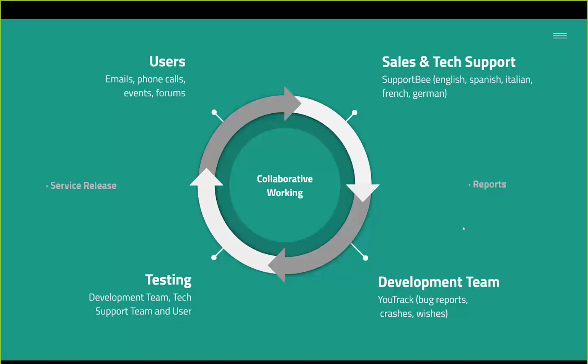And also we'll send it to the user to see if that fits their needs. And finally, it will come out as a service release. So we involve our users in all this process of creating new tools. And that's why it's so interesting to do these presentations, to have people testing the software.